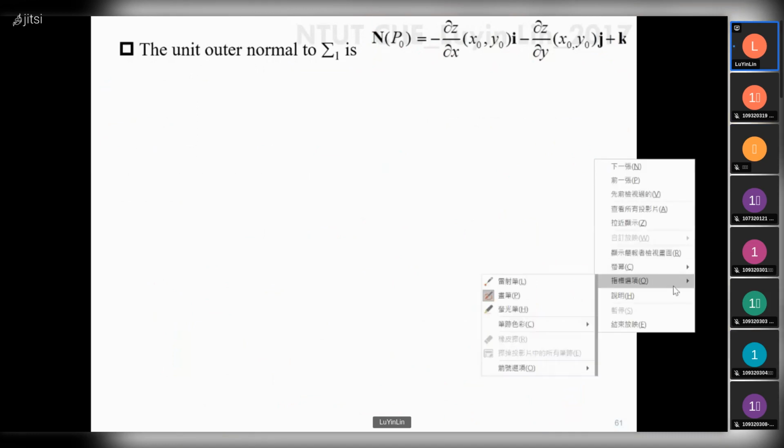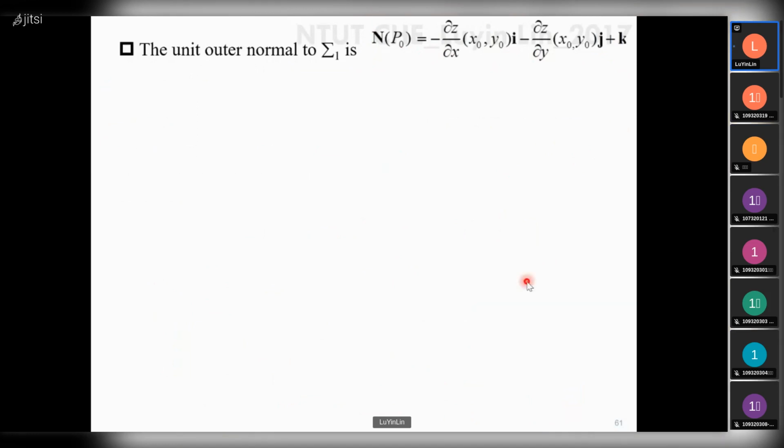Let's calculate the most difficult part first: the unit outer normal vector. Okay. Then I have taken this for you. This one is the normal vector at P0. I have taught you before.